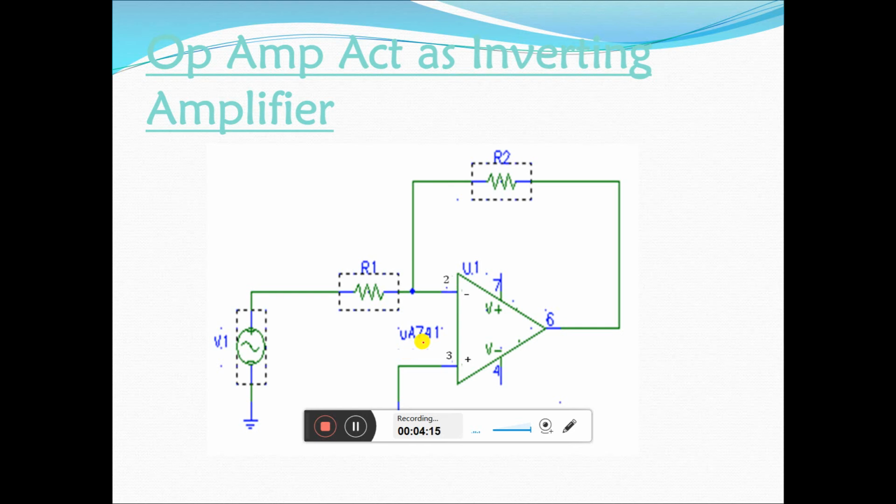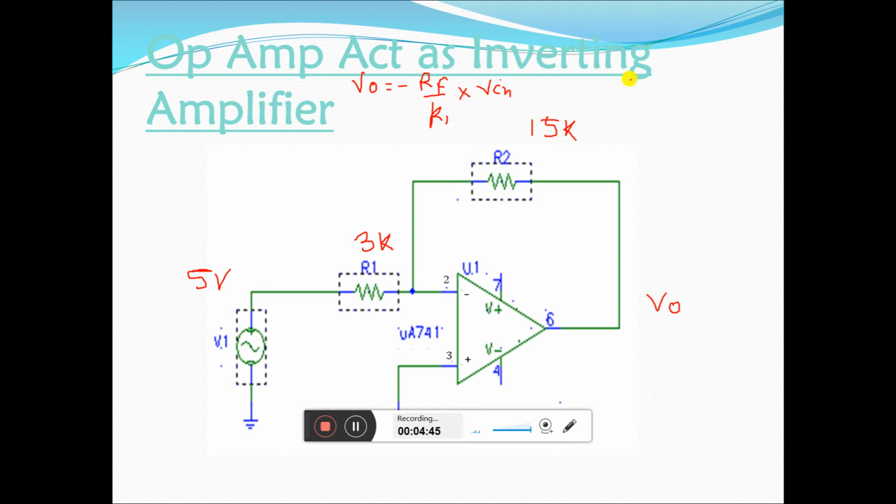Let us take one example. If the input voltage is 5 volt, R2 is 15 kilo ohm, and R1 is 3 kilo ohm, we want to find out the output voltage. We have the formula output voltage V0 is equal to minus Rf divided by R1 multiplied by V input.